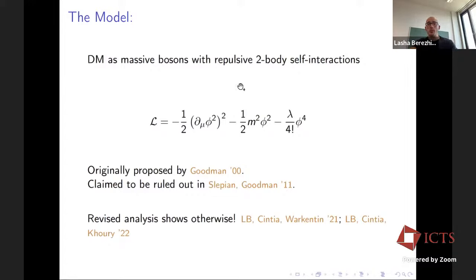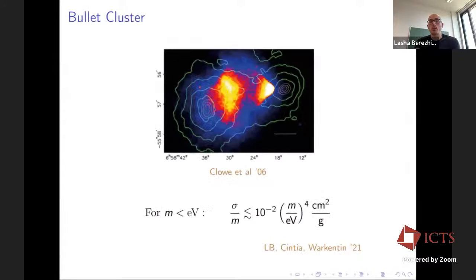This is the original model proposed by Goodman. Then they claimed it to be ruled out, but that was based on some oversimplifying assumptions, which we can get into later if you'd like. It was claimed to be ruled out, but our revised analysis showed that it's actually not, and the structure of the halo is actually more interesting than they thought, and I'll talk about it. Okay, so let's go back to the bullet cluster.